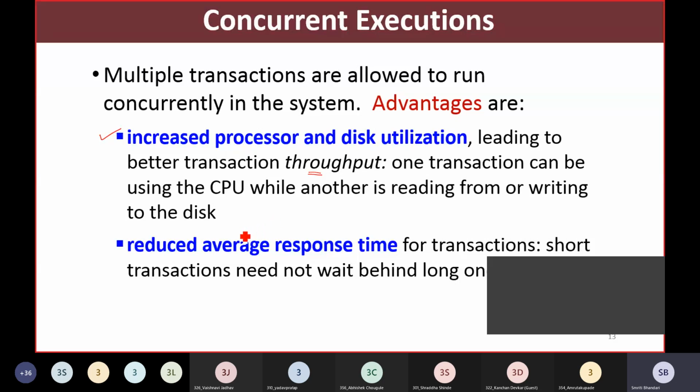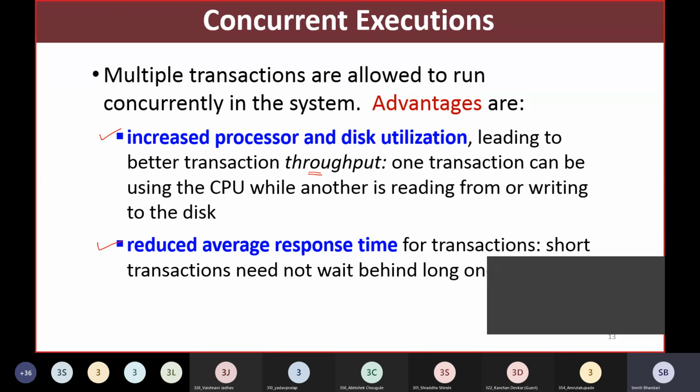The second advantage we may have is the reduced average response time for transactions. What do we mean by that? Usually there is a mix of transactions running in a particular system. A few of the transactions are short, whereas a few transactions are very long.